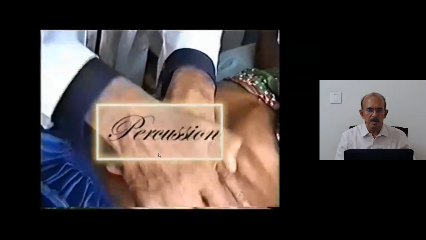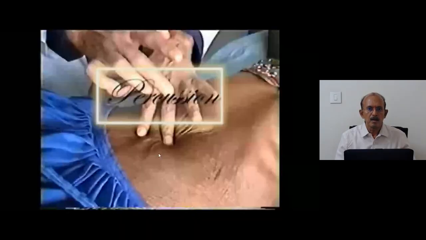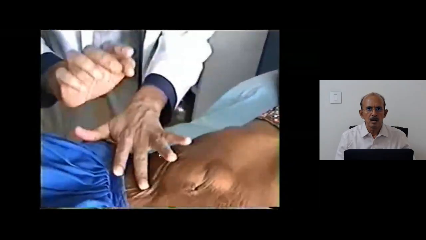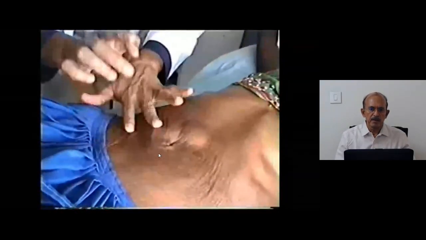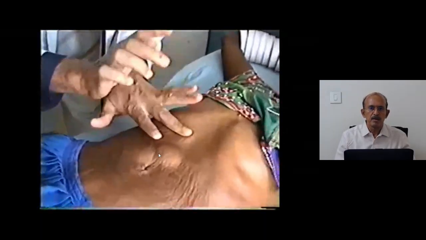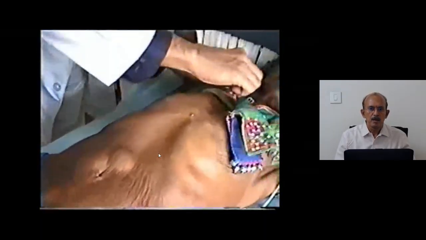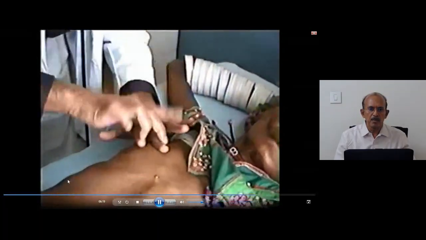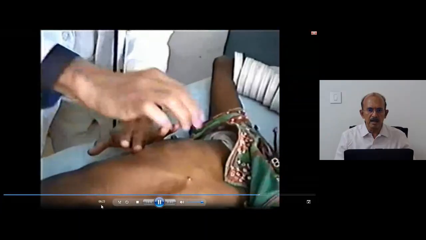Then you have to do percussion: percussion for any free fluid, and percussion for the liver. A mass is felt here. Apart from the lump you are seeing, there is one more mass in the right hypochondrial region.